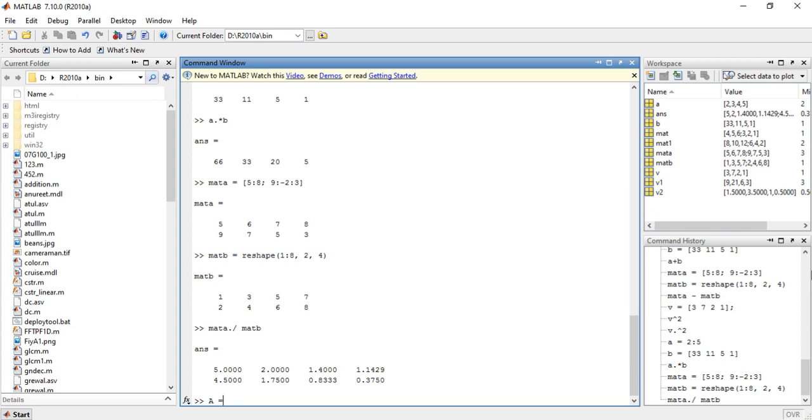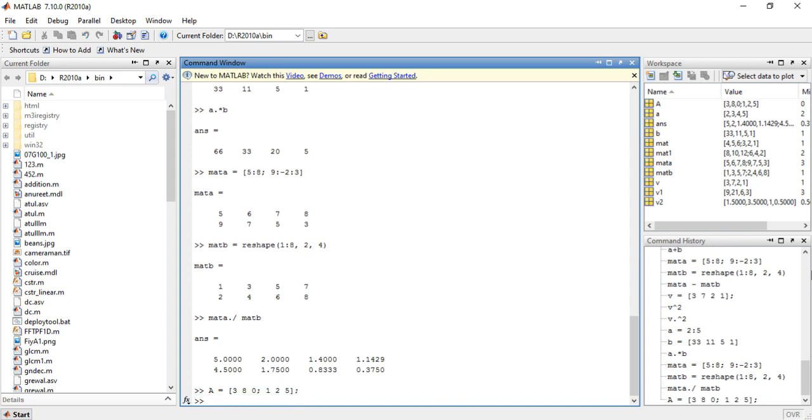Let us take a matrix A equals 3 8 0. This is our first row. Second row is 1, 2 and 5. Matrix B equals 1 2 3 1. This is our first row. 4 5 1 2 is the second row.